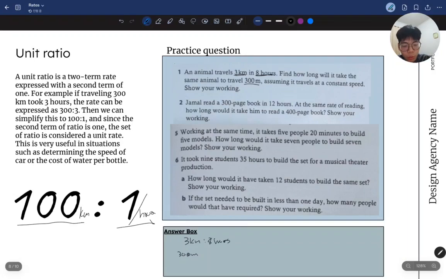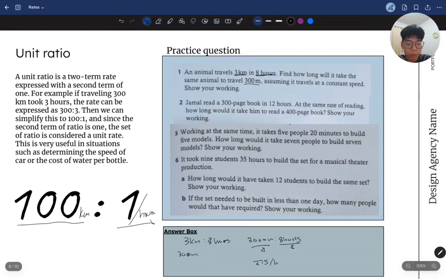So we need to see he has traveled 3,000 meters in 8 hours. Then how fast can he travel per hour? We can do that by dividing by 8 on both sides, which results in 375 meters per hour.